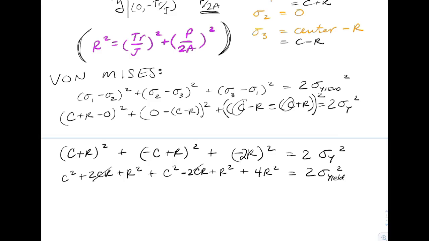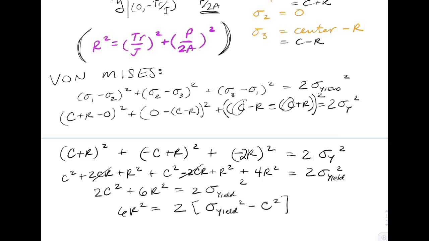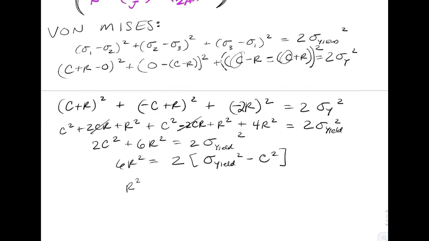With some simplification, we get cancellation there: 2c squared plus 6r squared is equal to 2 sigma yield squared, ending up with 6r squared is equal to 2 quantity sigma yield squared minus c squared. So we end up with r squared is equal to 1/3 sigma yield squared minus c squared. And so we're actually just about done.